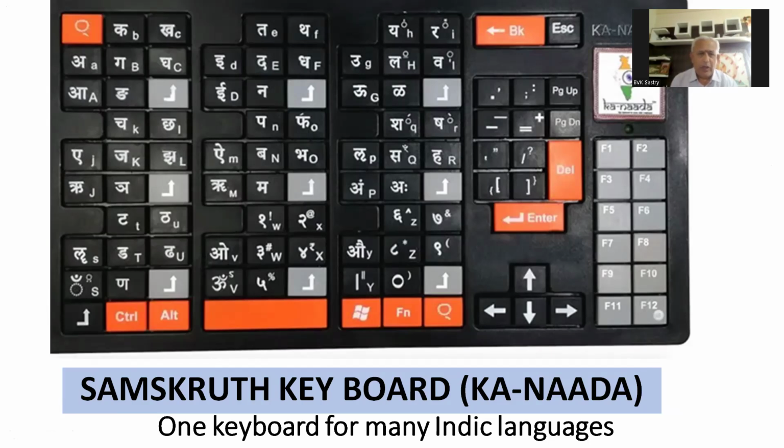Out of the 9 blocks, one corner block is either blank or has some entry at the top. At the bottom, it has a return symbol kind of a thing, grayish color. The rest of the 7 are used for the language characters.